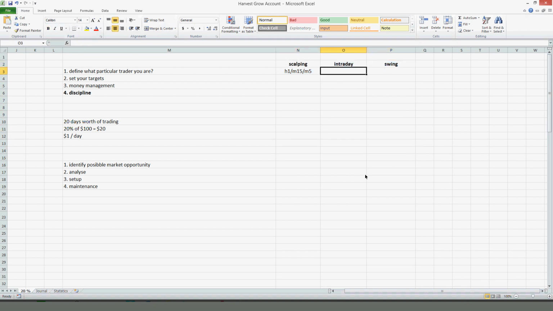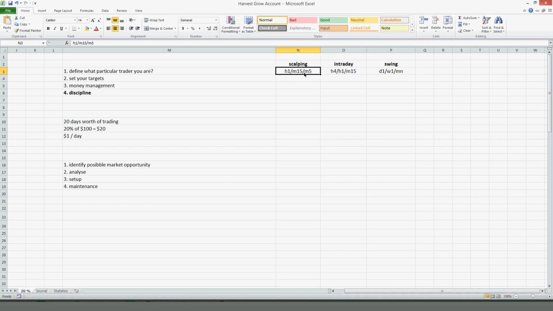If I was going for intraday, then I would go for H4, H1, and M15. And if you're going for swing, then obviously you'll be looking at D1, weekly, and monthly. So this is the way for you to define what is a trend.